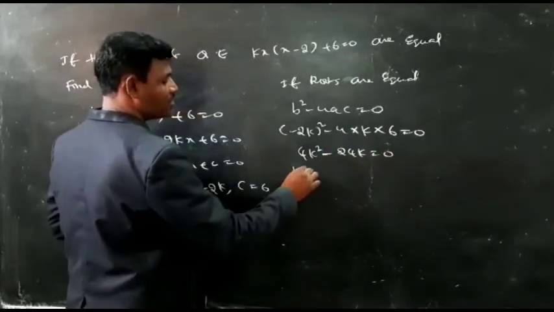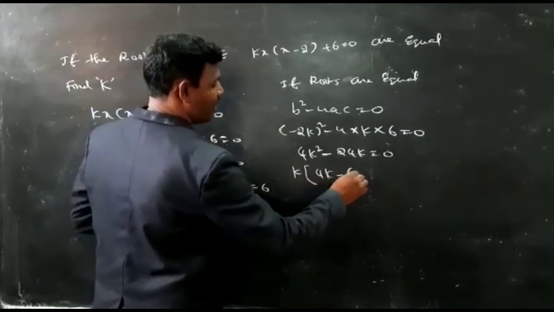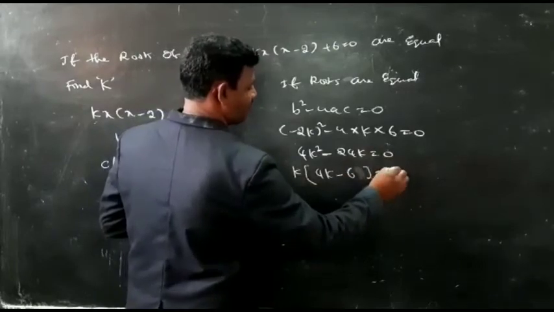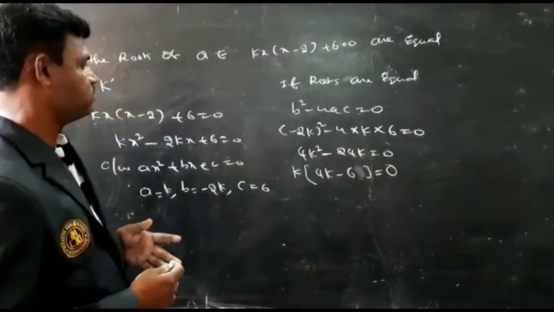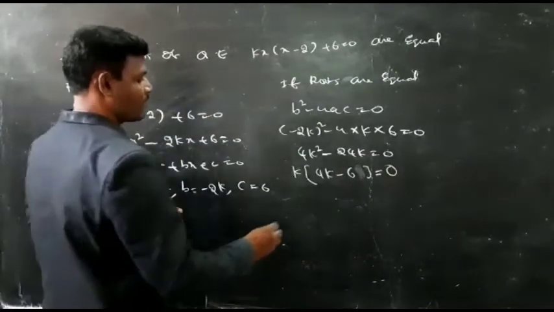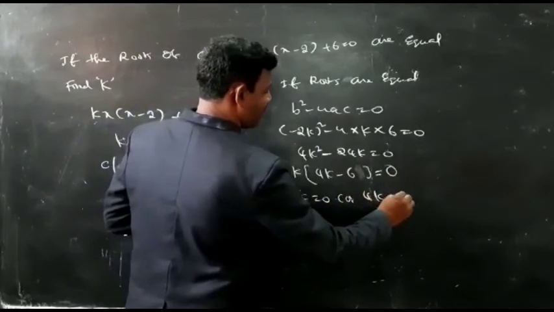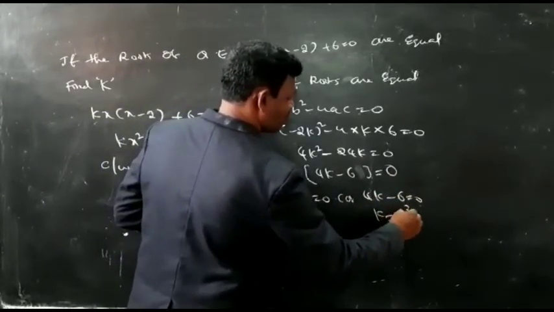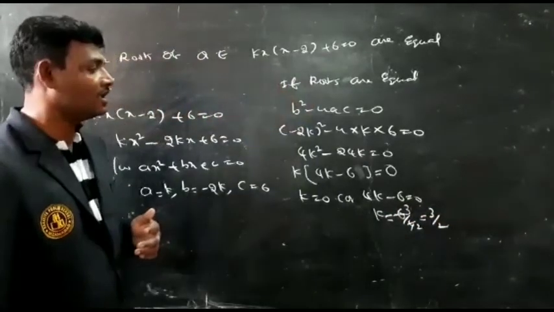So from these two I am taking k as a common. So what's remaining here? 4k minus 6 is equal to 0. This is k is equal to 0 or 4k minus 6 is equal to 0. Then k is equal to 6 by 4. So what is the value of k? k is equal to 3 by 2.